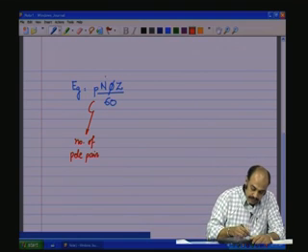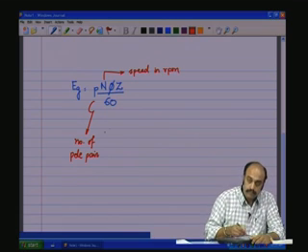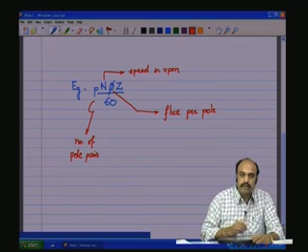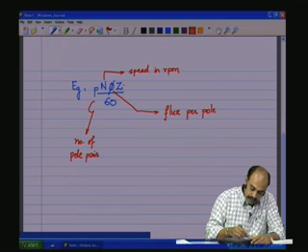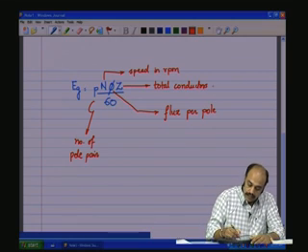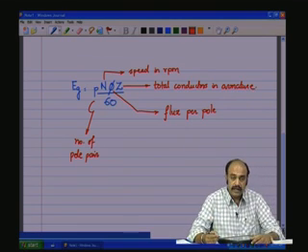So P is the number of pole pairs, N is the speed of rotation in RPM, phi is the flux in Webers per pole, per pole meaning per pole pair, and Z is the total number of conductors in the armature.